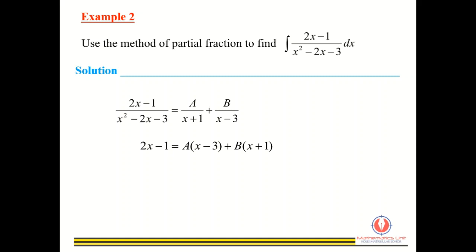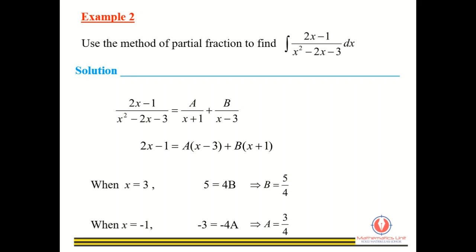Using any value of x, we can get b and a. Like when x equals 3, substituting into the left hand side and right hand side, we can get the value of b. And when we substitute x equals negative 1, we can get a equals 3 over 4.